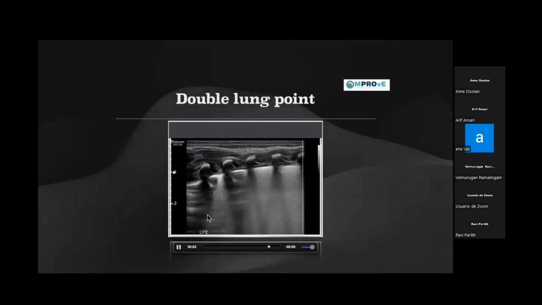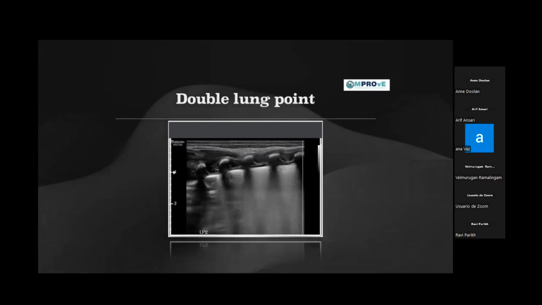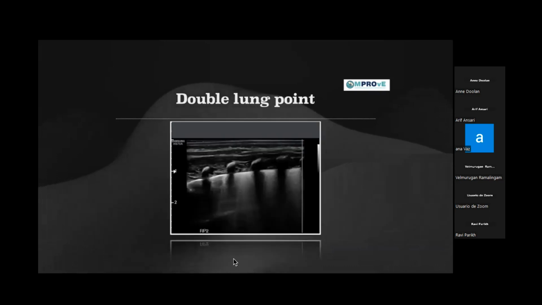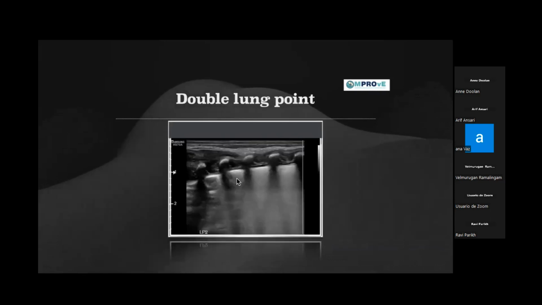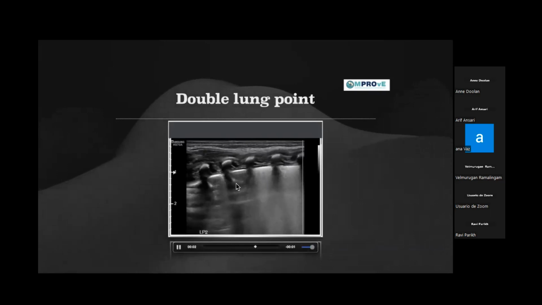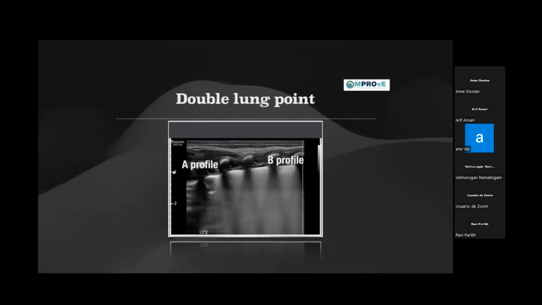This is from the same baby. The previous one was the RP2 zone, and this is from the LP2 zone. So you can see that the upper apical part of the lung is well aerated and the basal part is quite dense. Again, which indicates more towards TTN pathology.